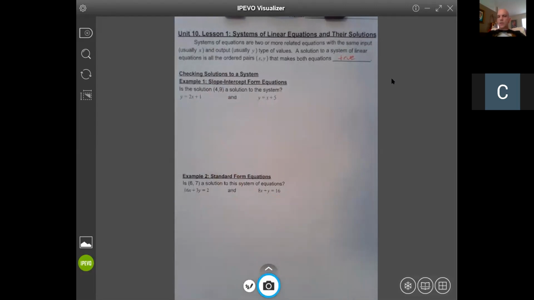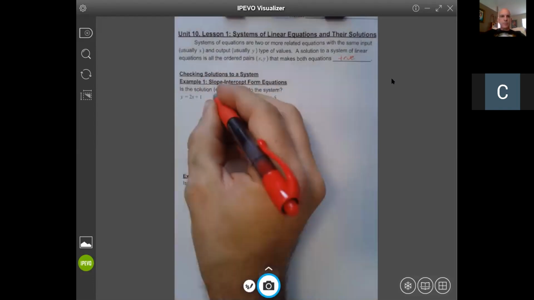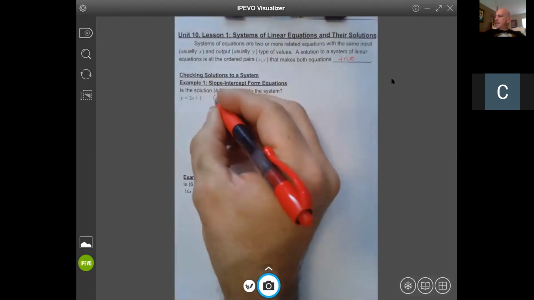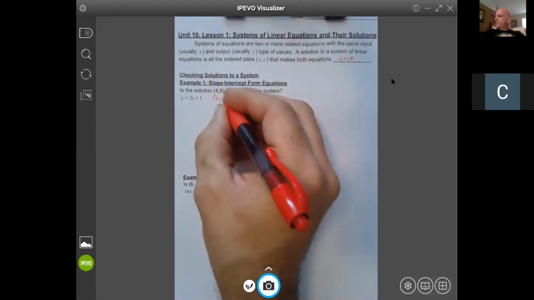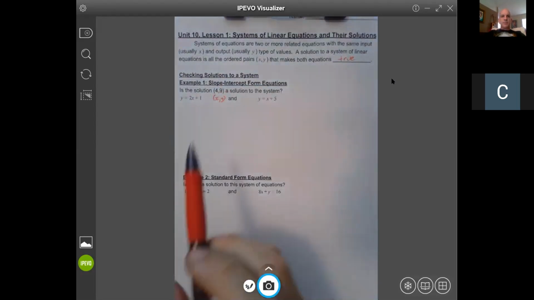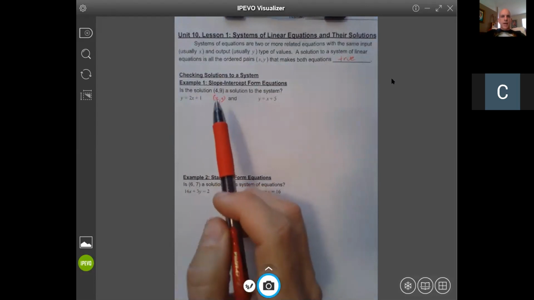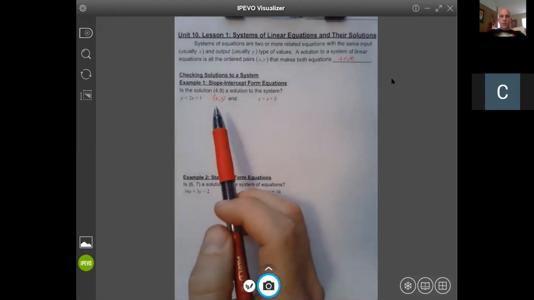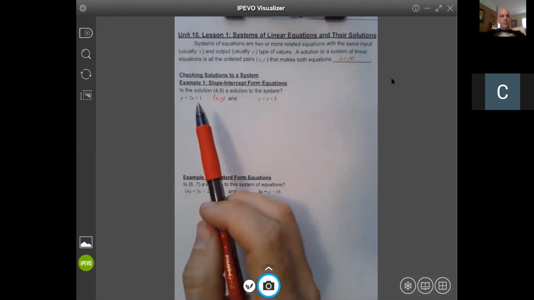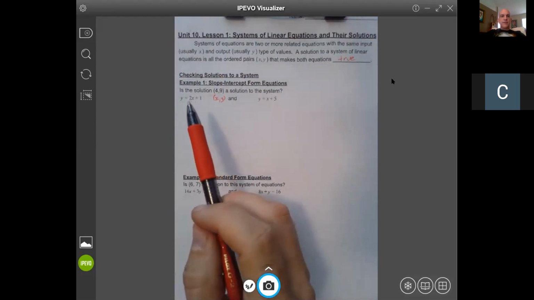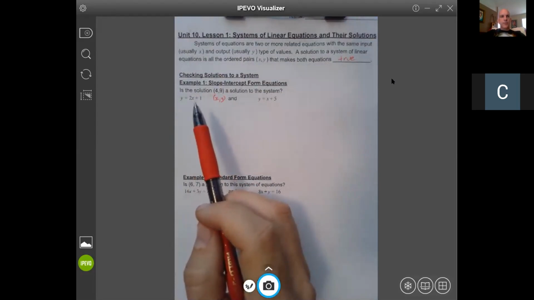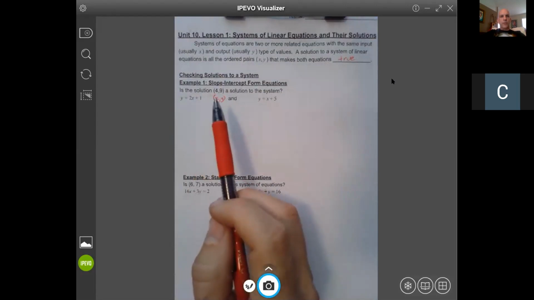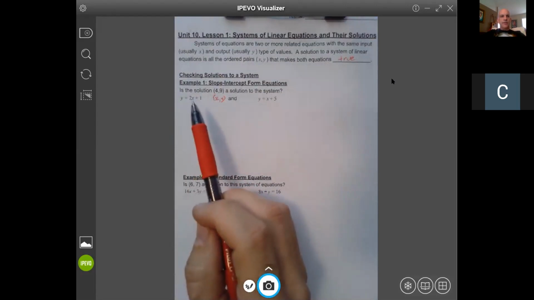So first thing we're going to look at is how we do this with a slope-intercept form equation. First thing we want to make sure is that we understand that this point they're giving us is an x, y value. So this point of 4, 9 is an x, y coordinate point, and to check this, we want to see if this equation is true if we replace x with 4 and y with 9.